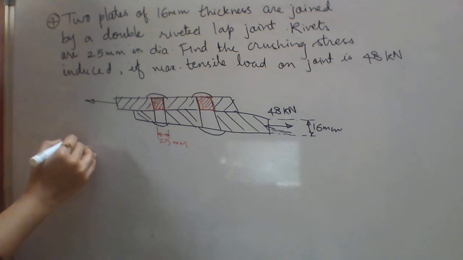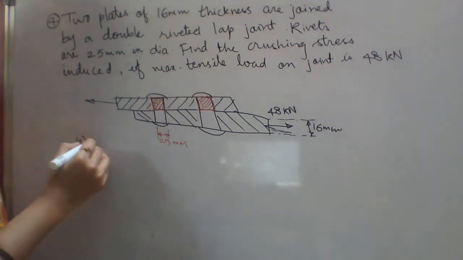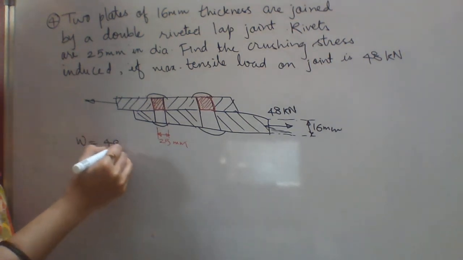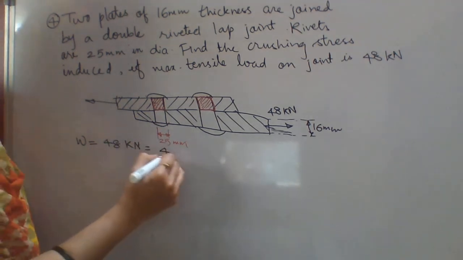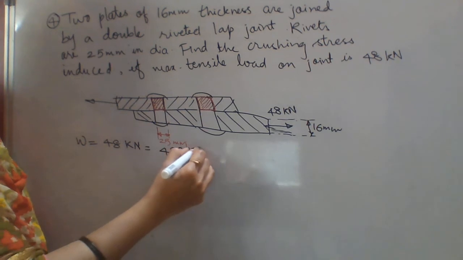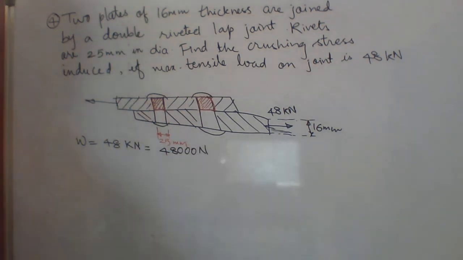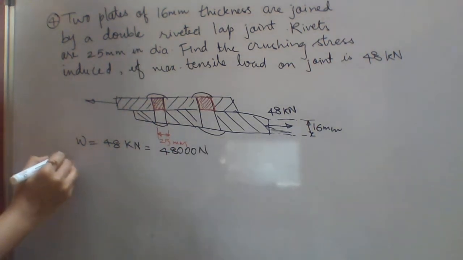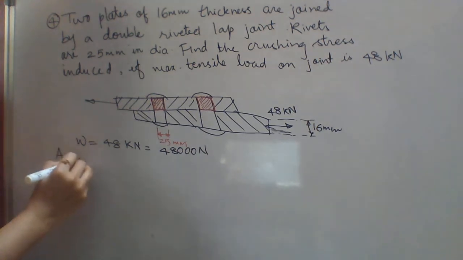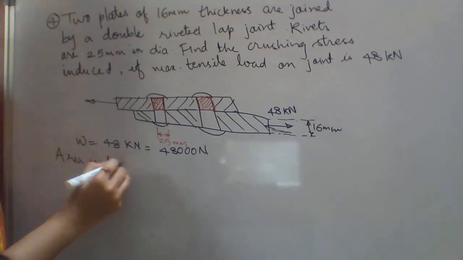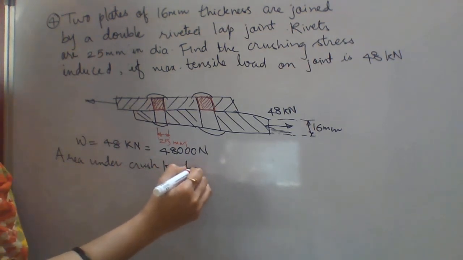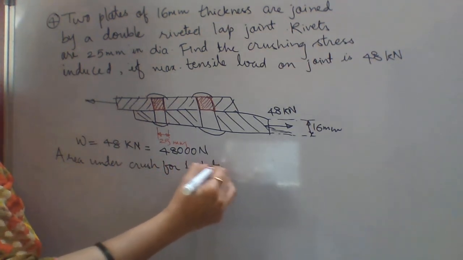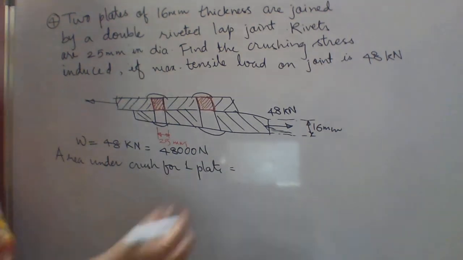Now we'll write down the given data as well as the unknowns. The W is given as 48 kilonewton. We can convert this into Newton, 48,000 Newton. The area under crush for one plate. How much is the area under crush for one plate?